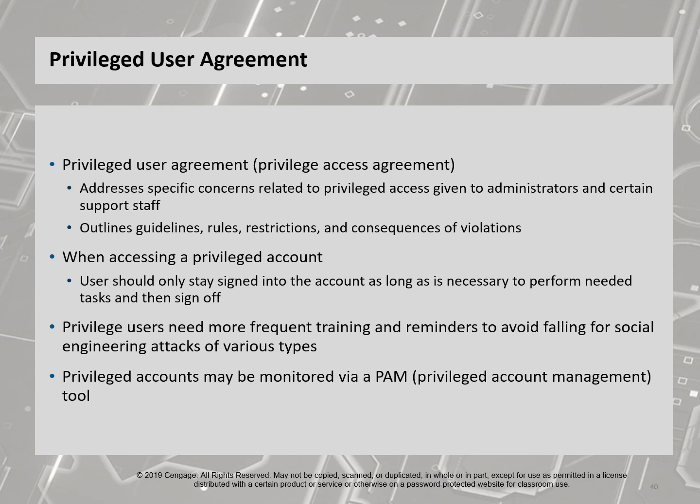Privileged users need more frequent training as well as reminders to avoid falling for social engineering. So people at this level of control or level of access should be much more aware of security. They are probably going to need to be CC'd a little bit more on security posture meetings. And privileged accounts can also be monitored via what's called a PAM, Privileged Account Management tool.